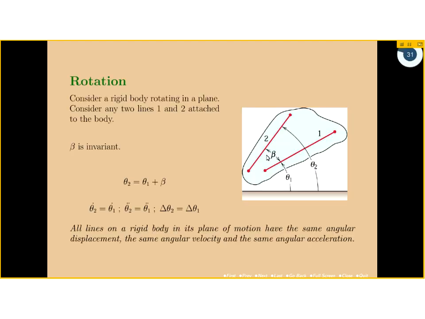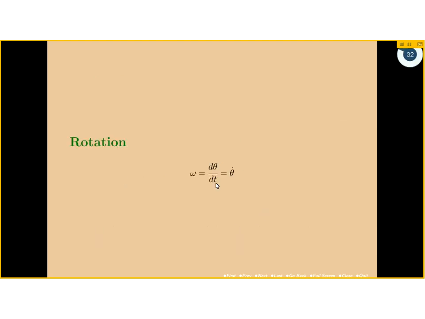Now, let's quickly look at some mathematics of rotation. The rotation angle will be the angle theta as we have it on this sketch here. The first time derivative of the rotation angle, which we also indicate with theta dot, is the angular velocity, in this case as a scalar.